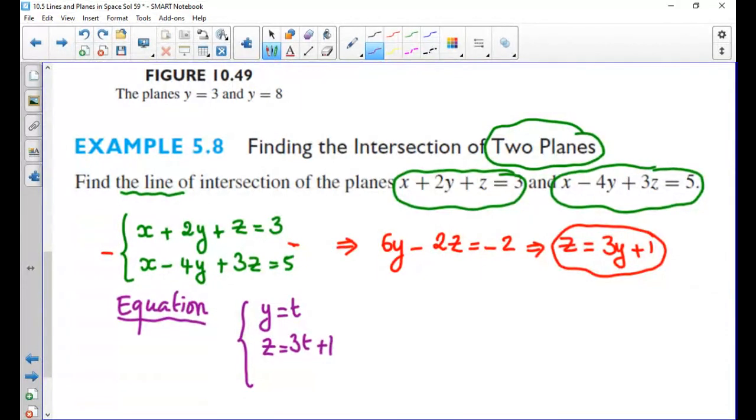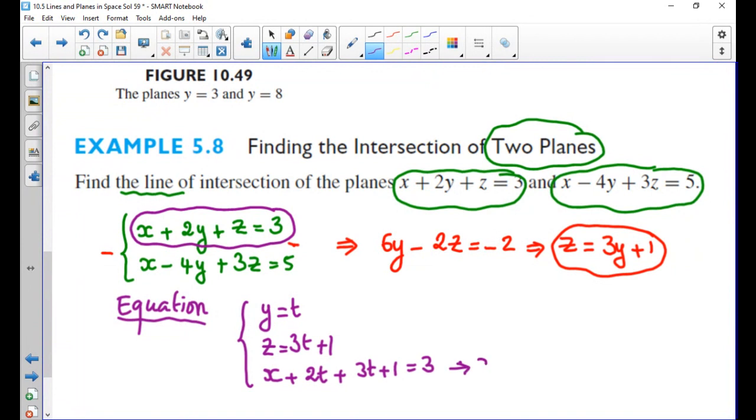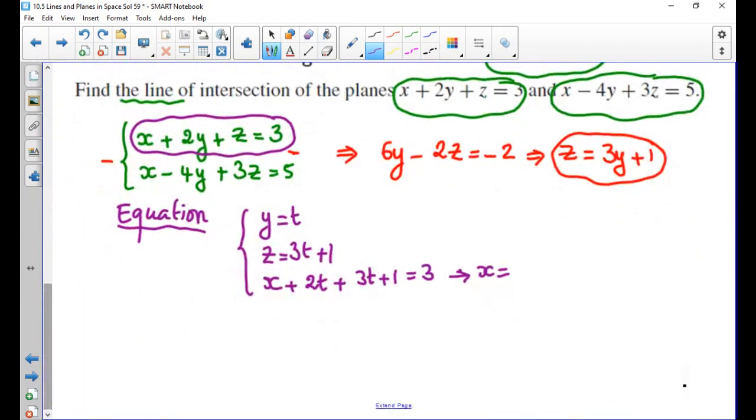So what is missing now? x is missing, so we're going to substitute in the first equation. I get x plus 2t plus 3t plus 1 equal to 3.